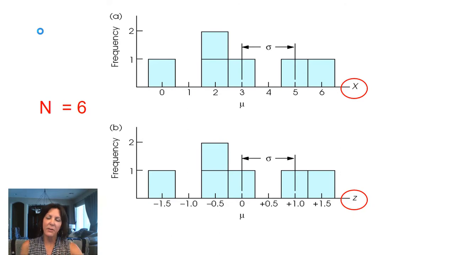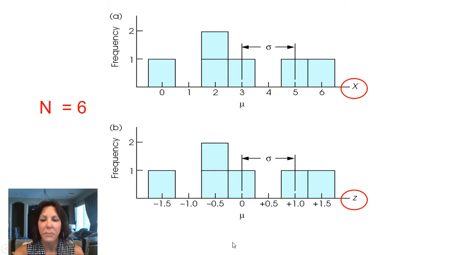If you look down at the next distribution, it's the same set of scores, but relabeled in terms of their standard deviation. So as we look at the top distribution here, we have the standard deviation here, and it goes from 3 to 5, so the standard deviation is 2.